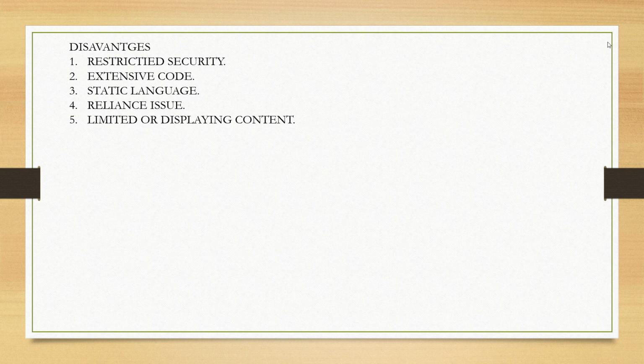It is very difficult for someone to go through this code. And it is a static language, which means it has only one fixed language. The language cannot be changed here.